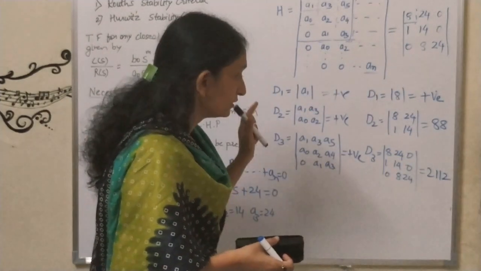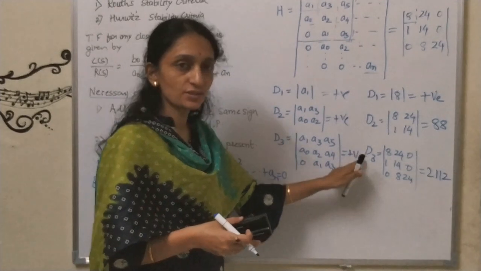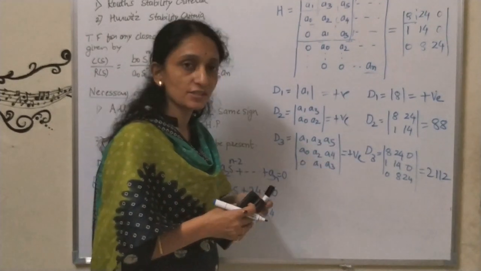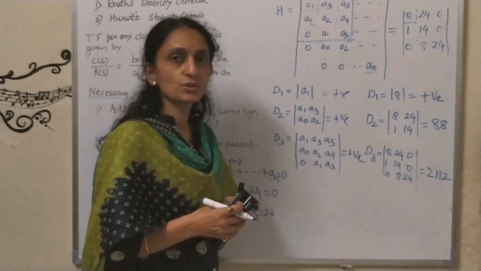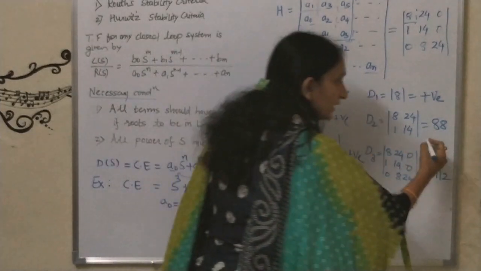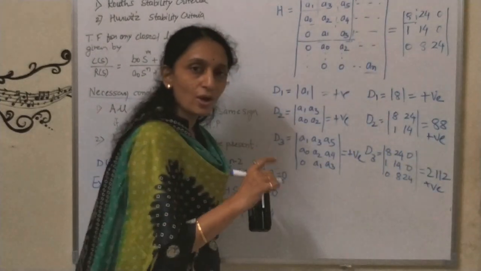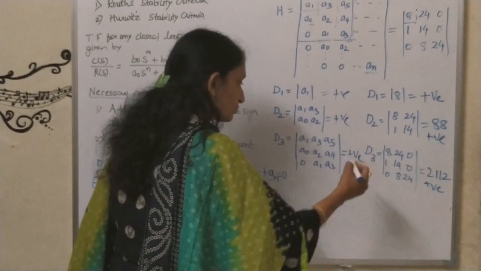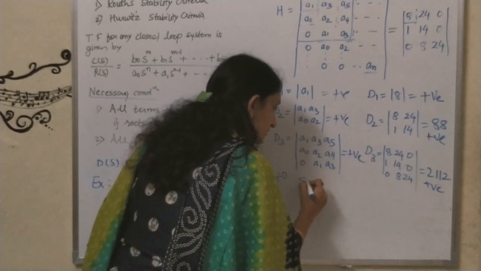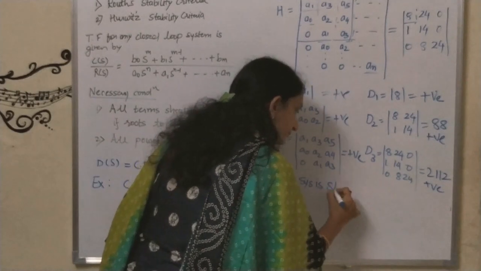For that you need to calculate all the values here, but I have directly substituted the answer. So look at the answers of the subdeterminants. 88 is positive. This 2112 is positive. So all subdeterminants are positive. So I will say the system is stable.